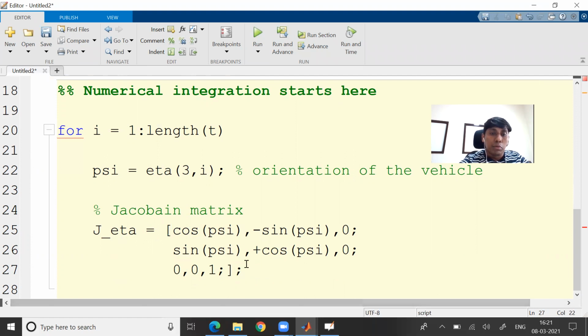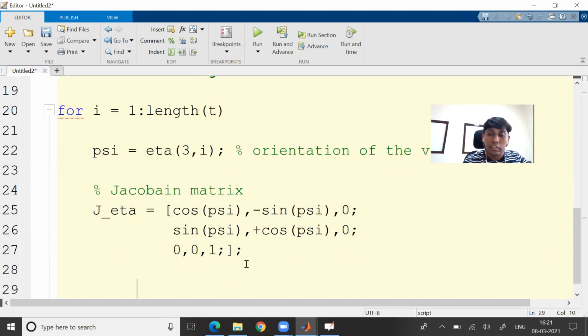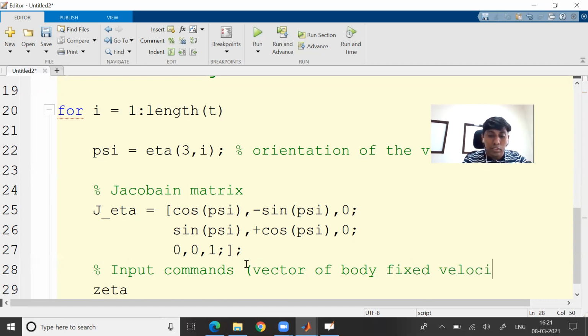Then what else do you need? You need the relation, so you need zeta, the vehicle fixed velocity, in the sense the input commands, the vector of body fixed velocities.